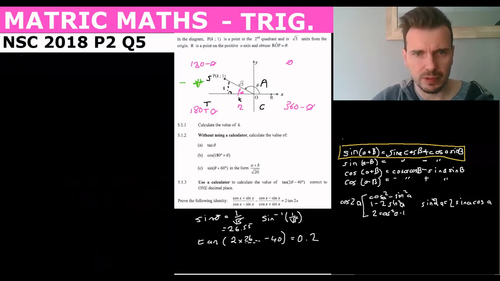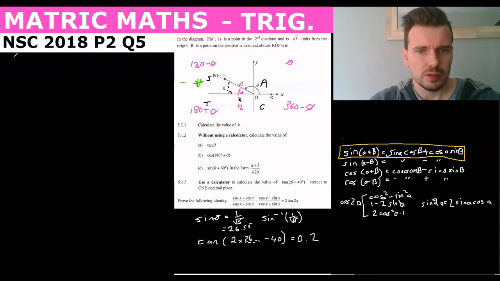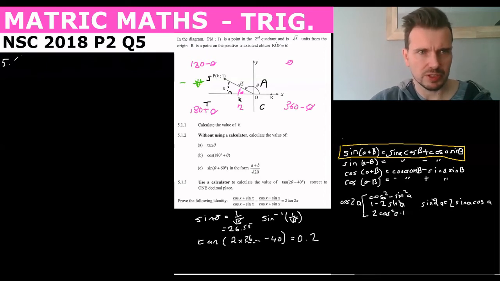Okay. So they want us to prove cos x plus sine x. Okay, so what we're going to do is you usually need to do the left-hand side. So we're just going to get the left-hand side to look like that right-hand side.